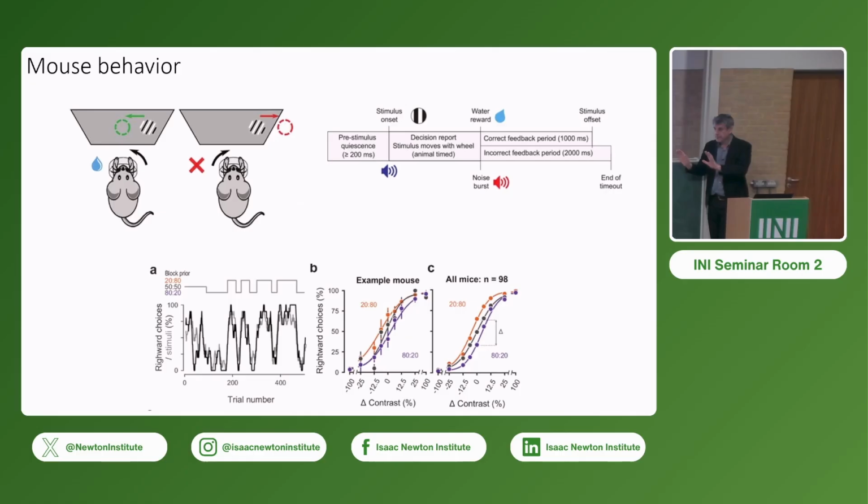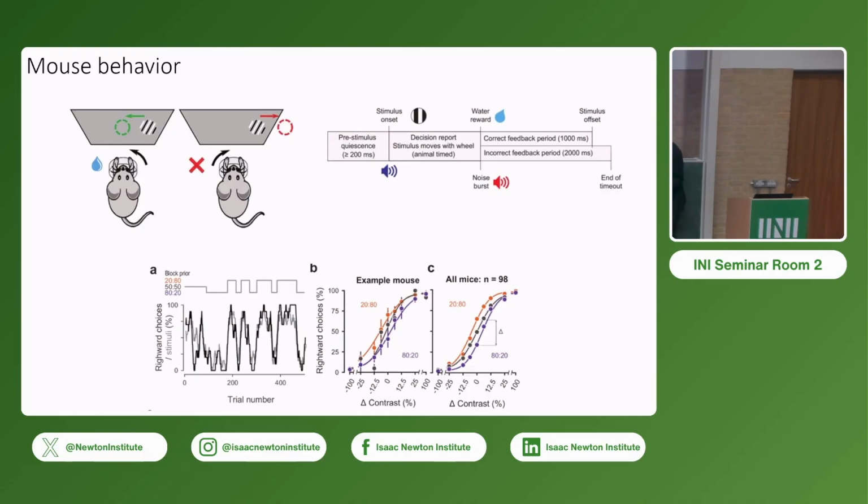Okay, the last piece of experimental data is about behavior, right? So what we really want to know is how the brain turns a sensory stimulus into an action. If you're going to do that, you need to have a situation where the mouse is turning a sensory stimulus into an action.